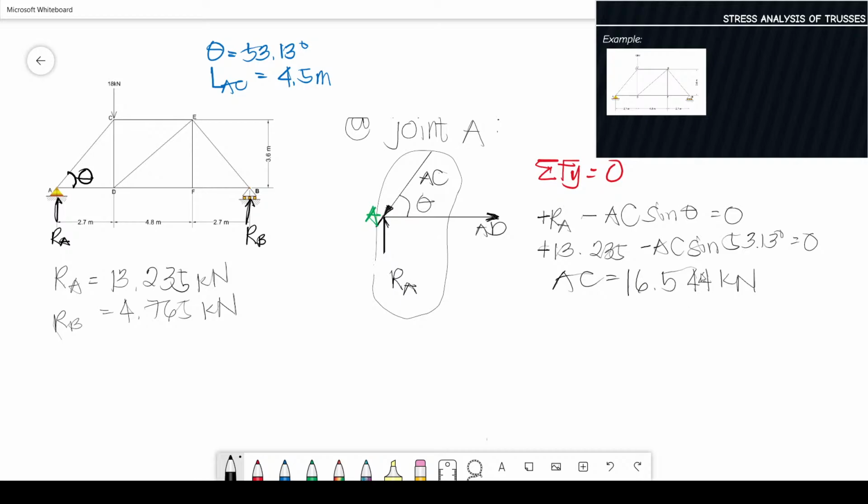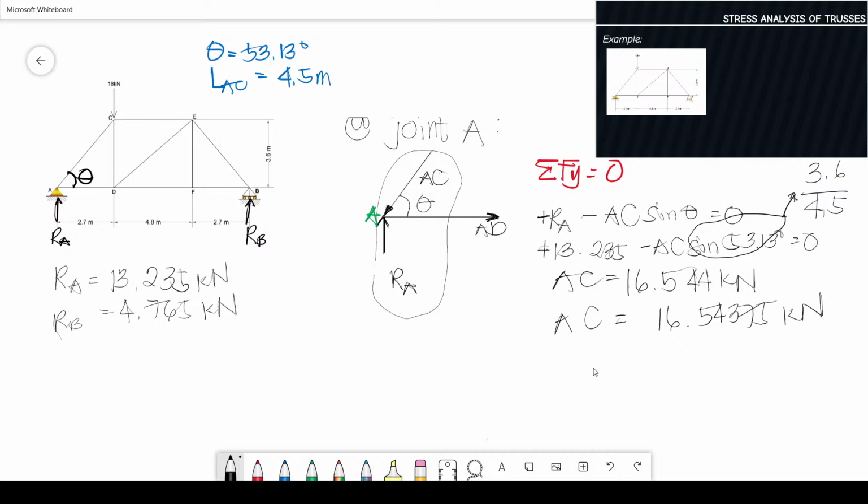Yun lang, mas eksakto yung values niya. Okay. So if you are to use 3.6 over 4.5, mas exact ano yung answer, which is equal to AC 16.54375 kilonewton. Di ba? Mas less siyang igsusulat.